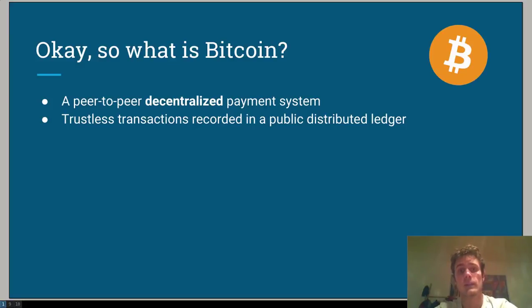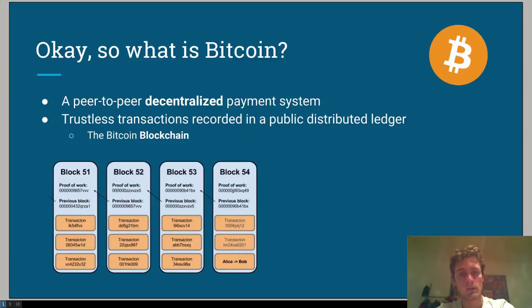And the idea of Bitcoins is really to decentralize this process of accounting for money and putting it on a network that nobody controls, but in which everyone participates. So, as I said, this distributed ledger is what we call the blockchain.